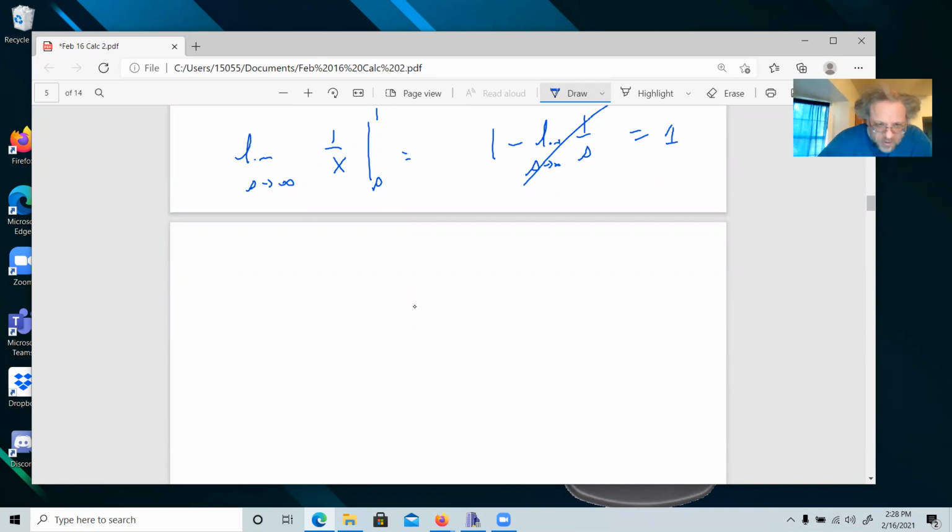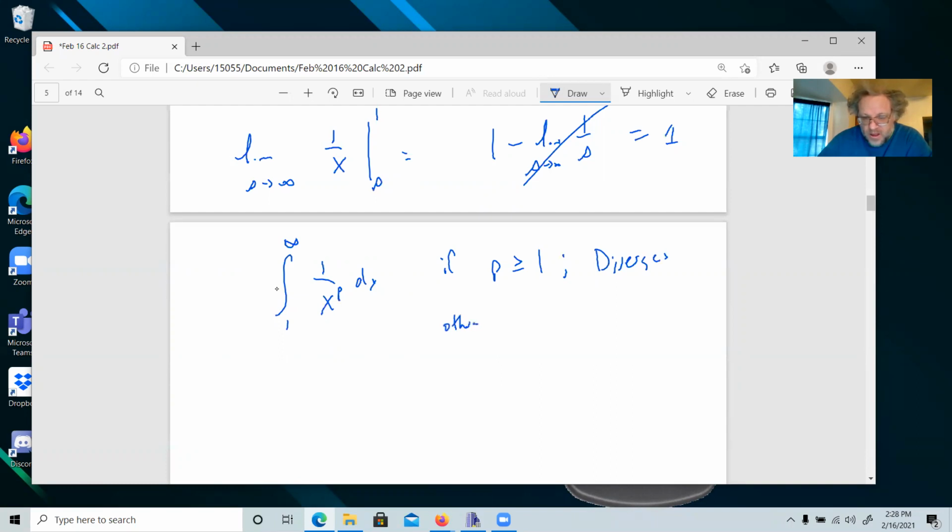It's summarizing. Okay, so if you have the integral from 1 to infinity of 1 over x to the p, in chapter 11 you'll see about why it's p. Maybe chapter 10 in your book. If p is greater than or equal to 1, then this integral diverges.